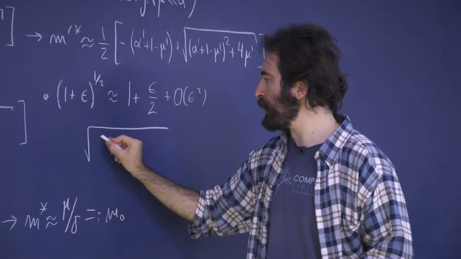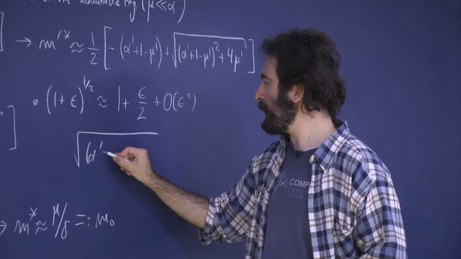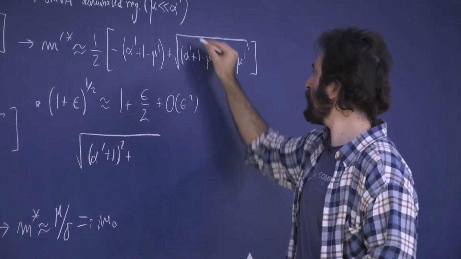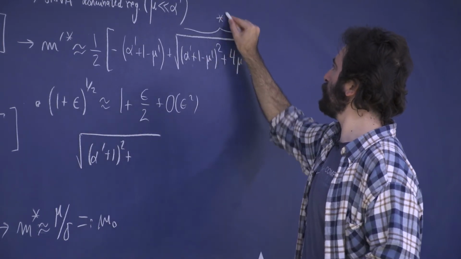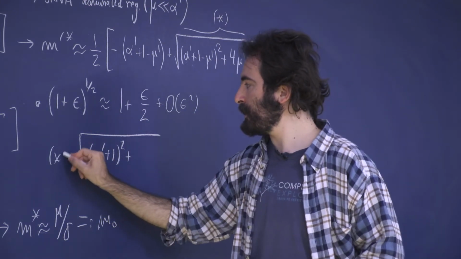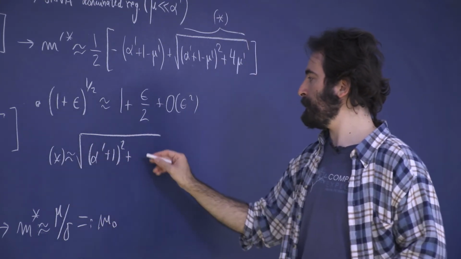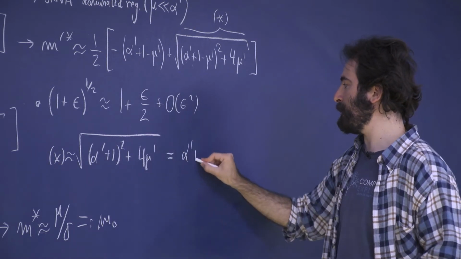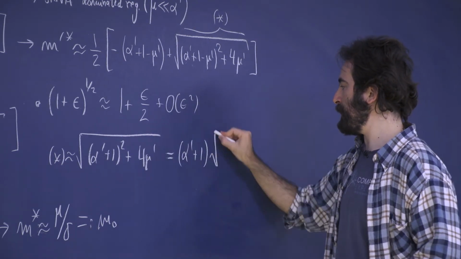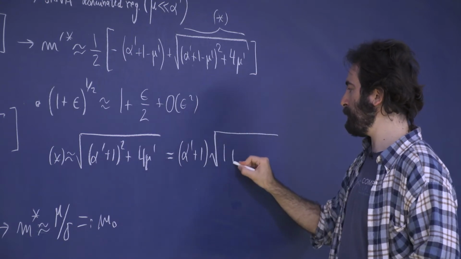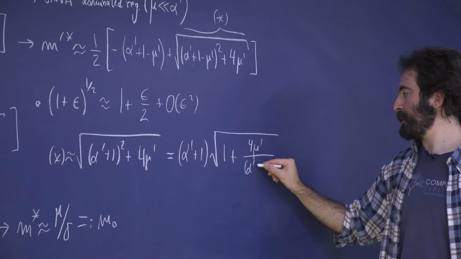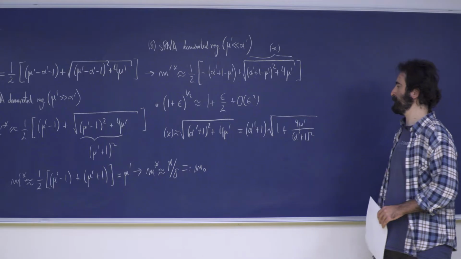So first off, we're going to drop the mu prime already. So basically, this thing, which I'm going to use an asterisk for, is approximately this thing, which is exactly alpha prime plus 1 times the square root of 1 plus 4 mu prime divided by alpha prime plus 1 squared.